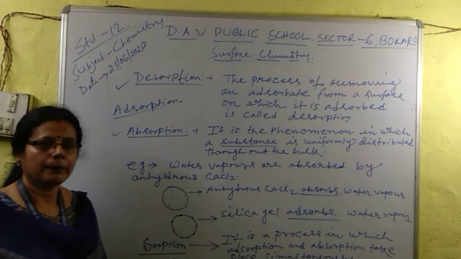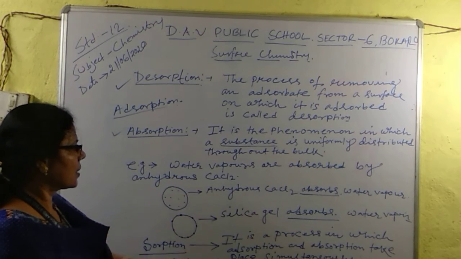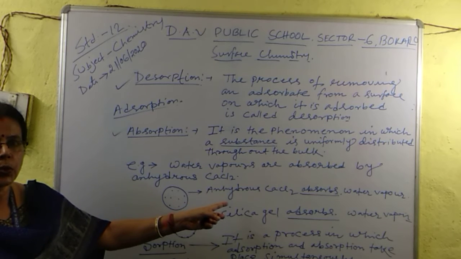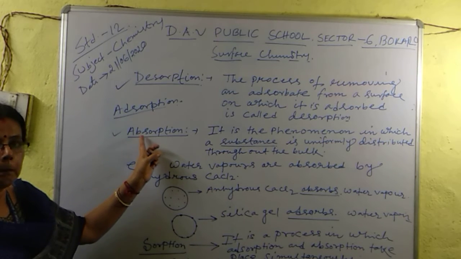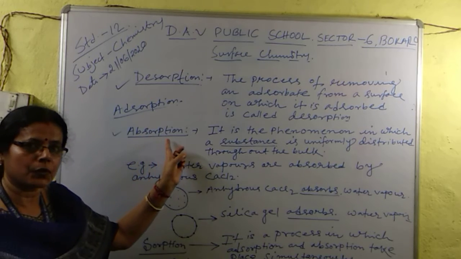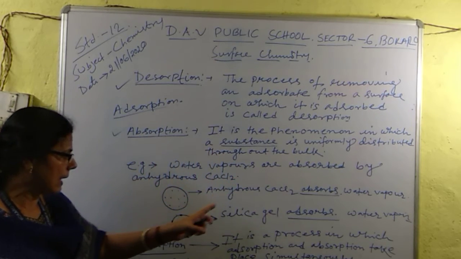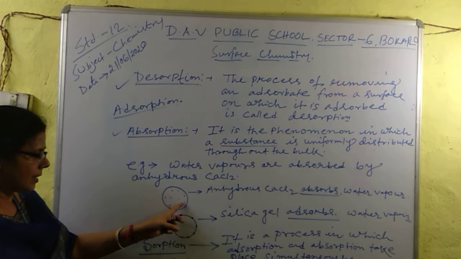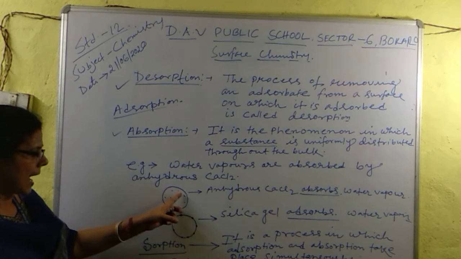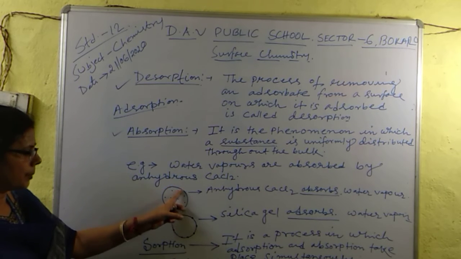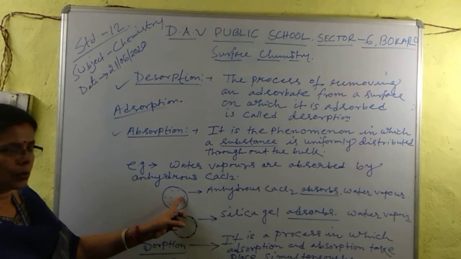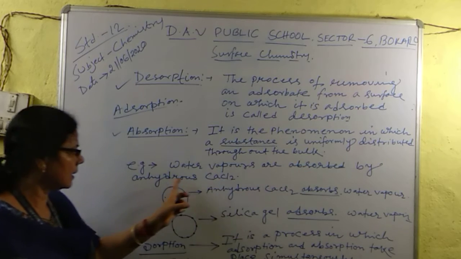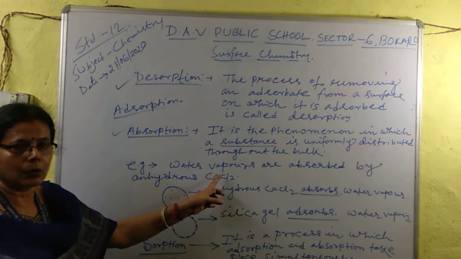As for example, anhydrous calcium chloride, CaCl2, absorbs water vapor like this. That is what I have drawn here. It is the bulk, and here the water vapor is absorbed in the bulk of the anhydrous calcium chloride.